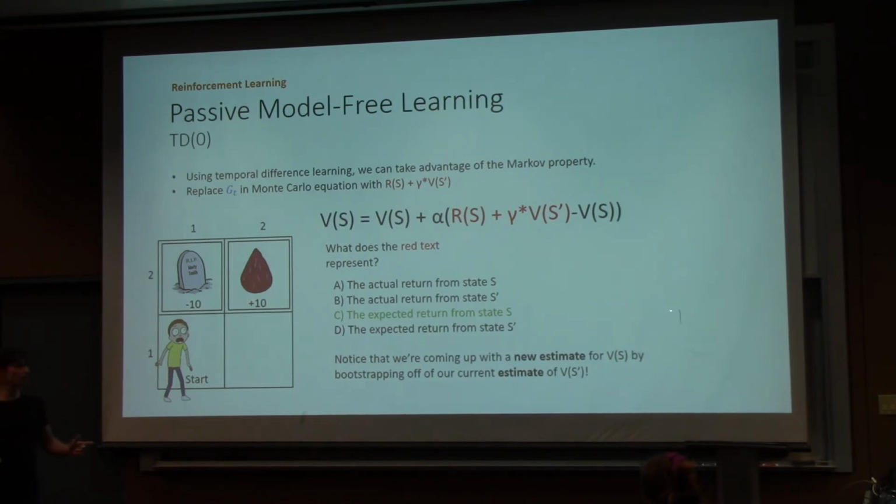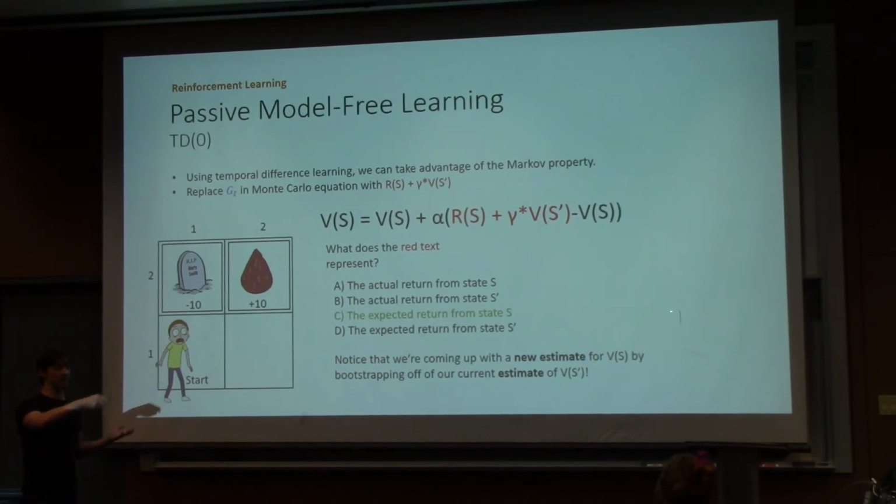So what's changed here? Before, we had the actual return from state S. Now, it's the expected return from state S, where instead of using the actual return, we're taking the actual reward that we got from state S, and then we're adding some discounted value of our previous estimate.